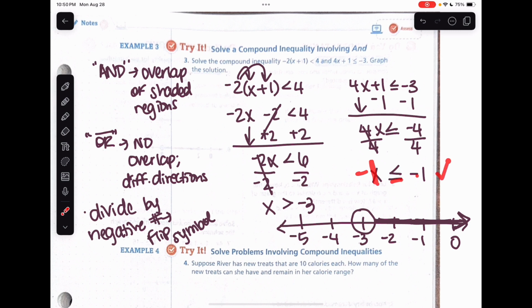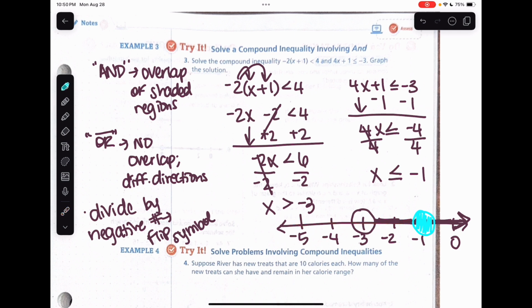Yes, it is. It's equal to it. So negative 1 is actually included in the solution. So I'm going to have a closed circle there because it is included. This time, x is less than or equal to negative 1, so I need to shade to the left side.